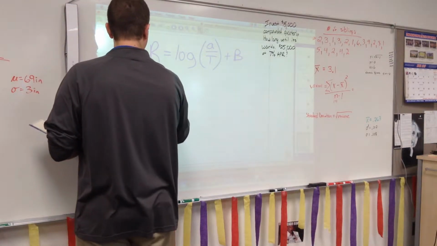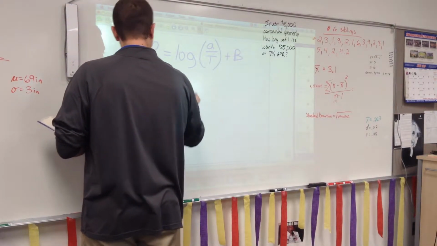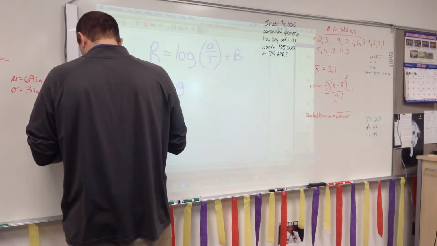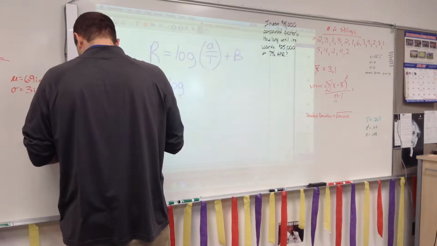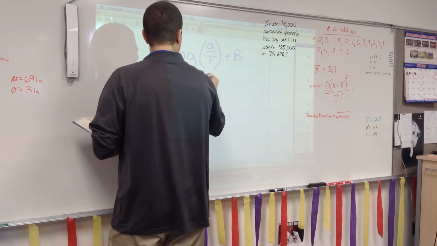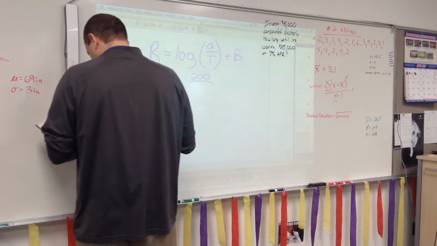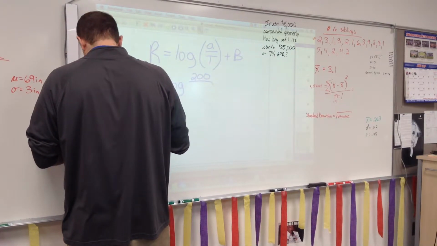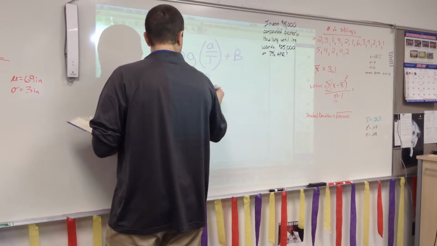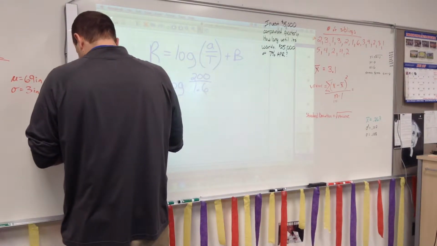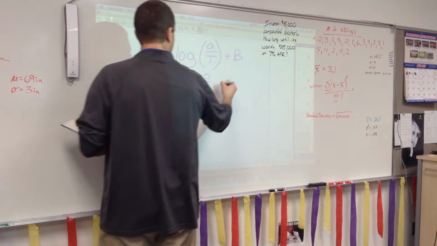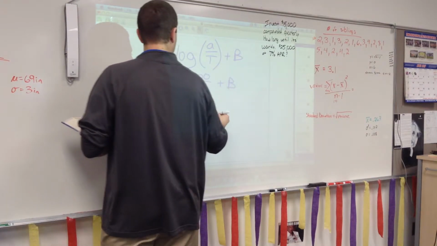So the R value will equal the logarithm of, what was the amplitude? 200 microns. T was the period, which was 1.6 seconds. And B was the factor that accounts for the weakening of the seismic waves.